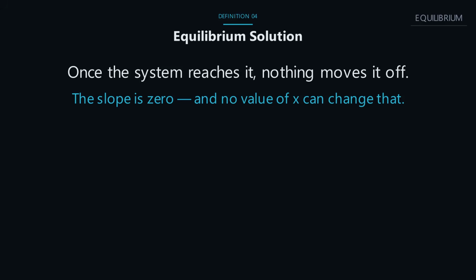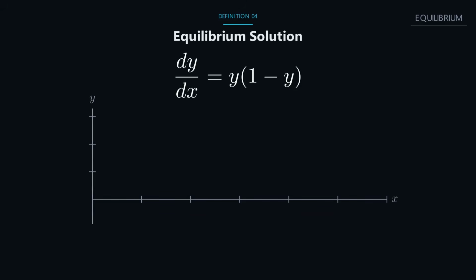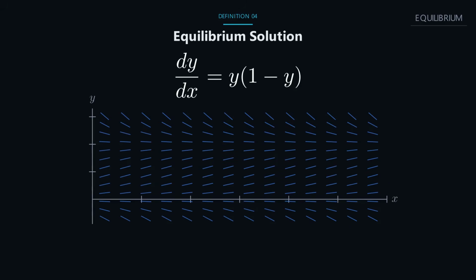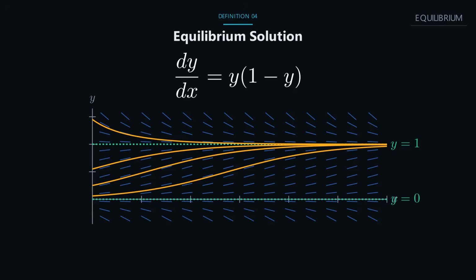For example, dy/dx equals y times 1 minus y. So our equilibrium solution will be y equals 0 and y equals 1. Because when the slope dy/dx equals 0, no value of x can change it. None. Right? Now, even if we did dy/dx equals xy times 1 minus y, let's look at this.